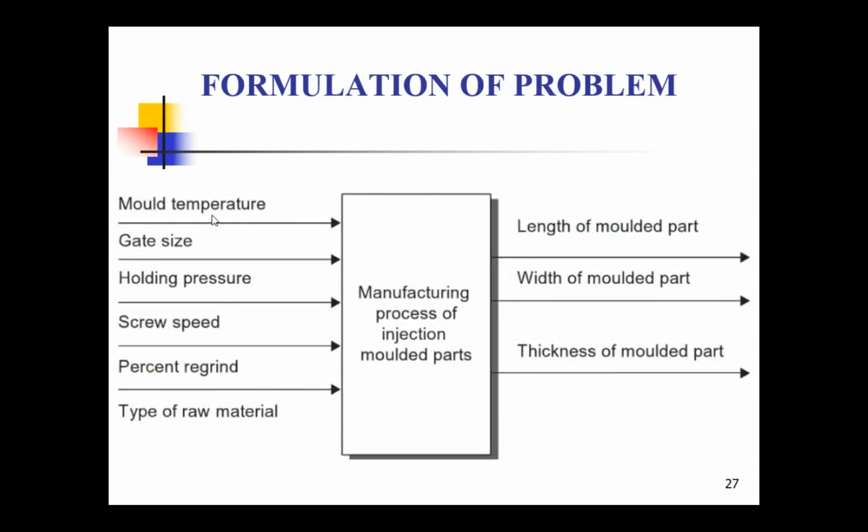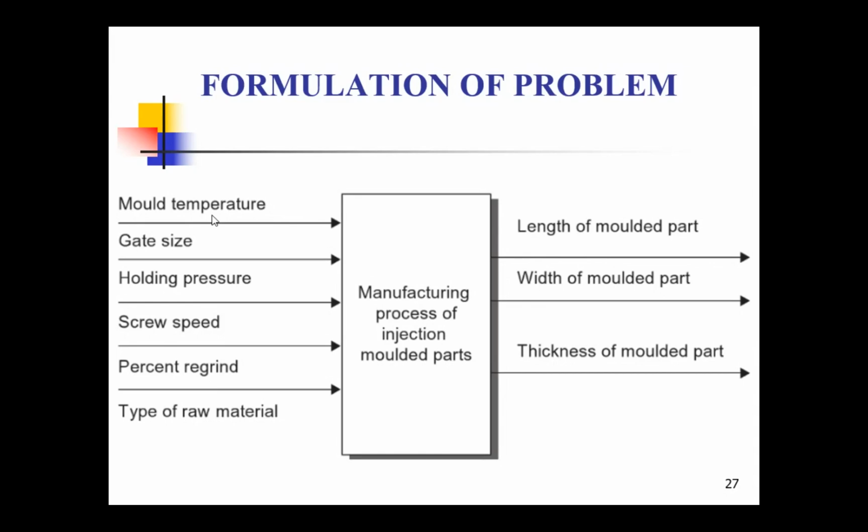So this is an injection molding example. The injection molding part has many inputs, among them the mold temperature, the gate size, the holding pressure, the screw speed, percentage of regrind, and type of raw material that we are going to use, which will have an impact on the length, the width and the thickness of the molded part.